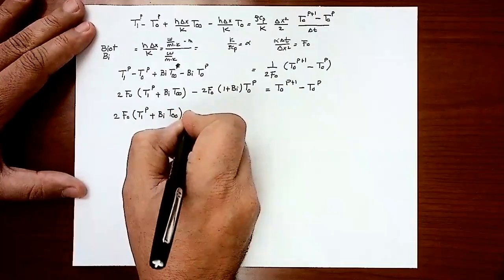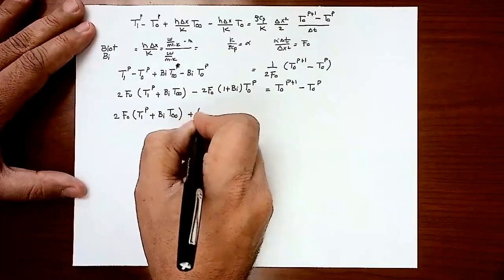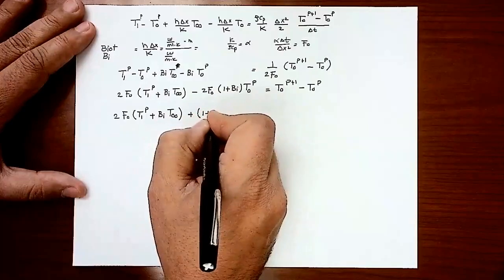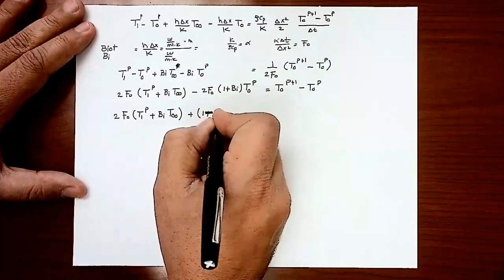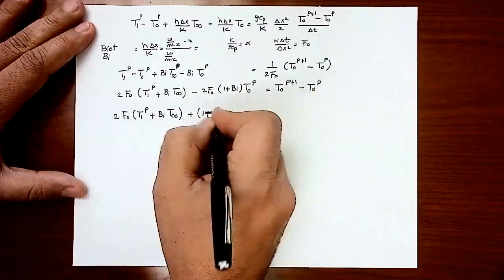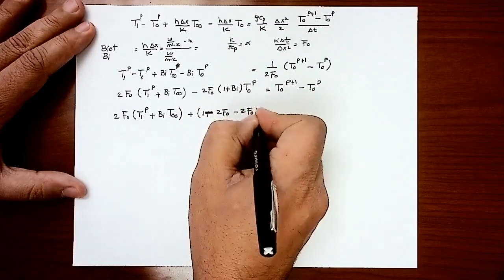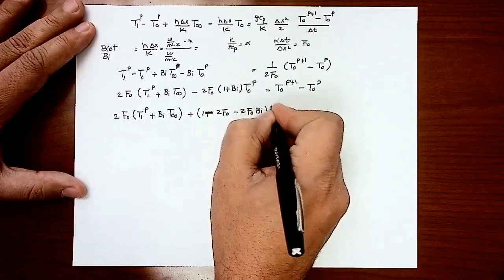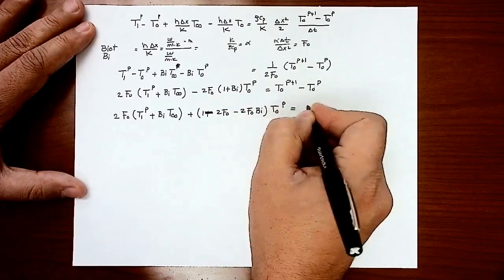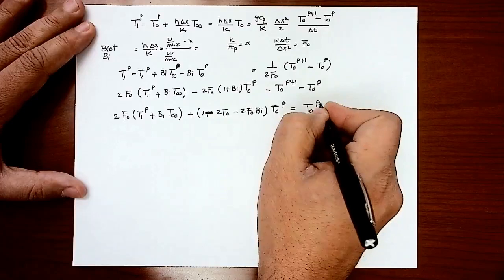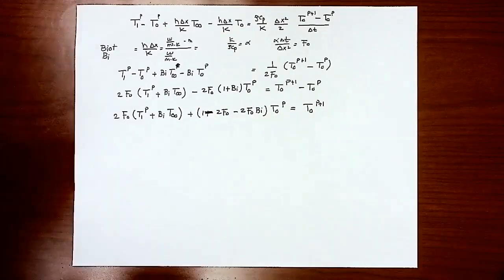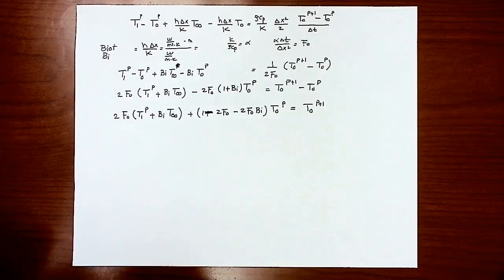Then I would have plus, let's keep that 1 plus, actually minus. That one is coming from this term: 2 Fourier number minus 2 Fourier number times Biot number. This is totally multiplied by T node at p. This will give me T node at p plus 1. So this is the final equation for node 1 at any advanced time step as a function of the previous time step data.